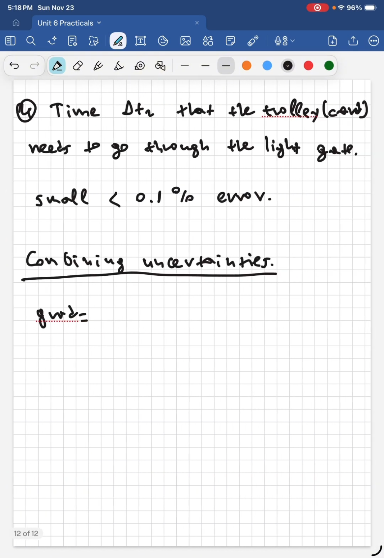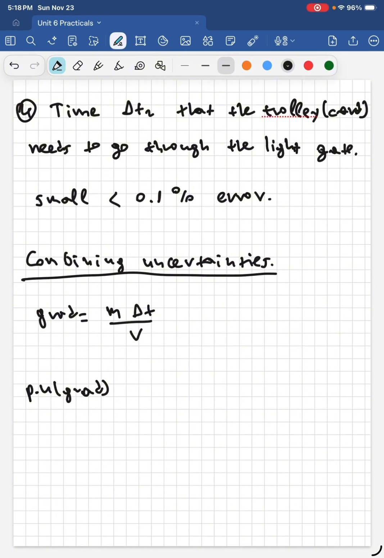So if we combine uncertainties, taking the gradient to be m times delta t over v, then the percentage uncertainty in the gradient, and the reason why I'm calculating the percentage uncertainty is because we are having the division of variables, watch my videos on uncertainties and I hope you will understand.